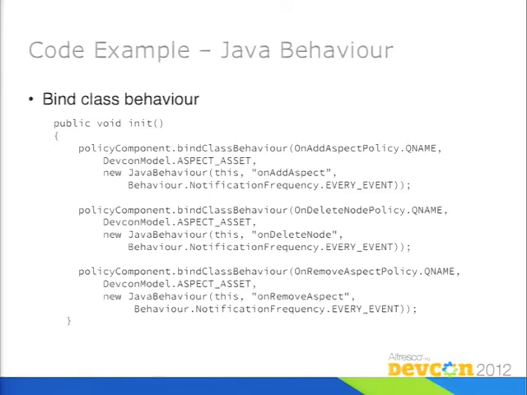Essentially, we're registering on the policy name, registering the content type that we're interested in, and we're saying this is a Java behaviour. In here we're saying the implementation of this listener effectively is on the current class. It's the onAdd method, which we'll see later. And we'll also bind with a specific frequency.